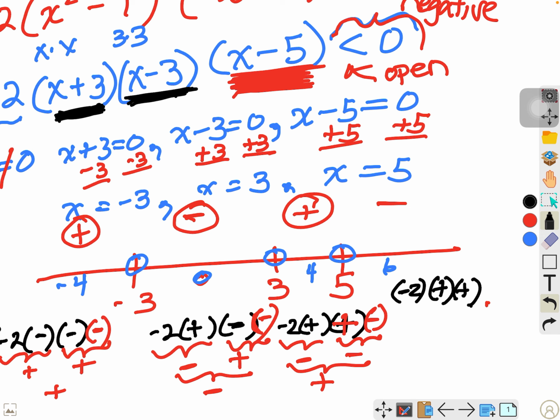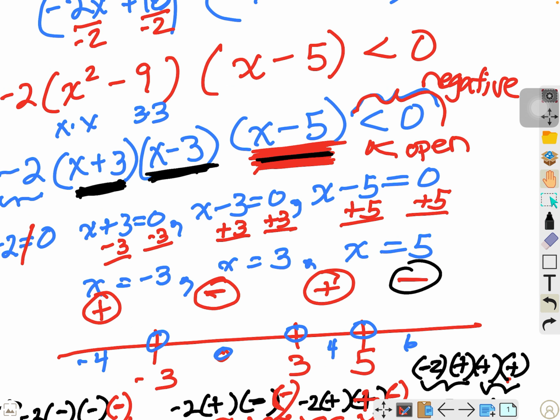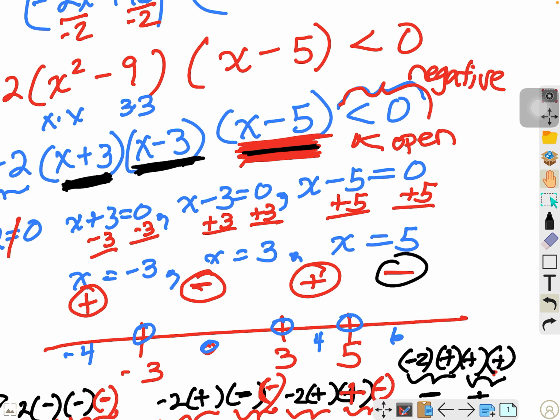And our fourth and final factor, 6 take away 5 is 1. That's positive. So we get negative times a positive and negative times a positive again. So this region is negative. Remember, we are looking for negative regions. Less than 0 is negative.